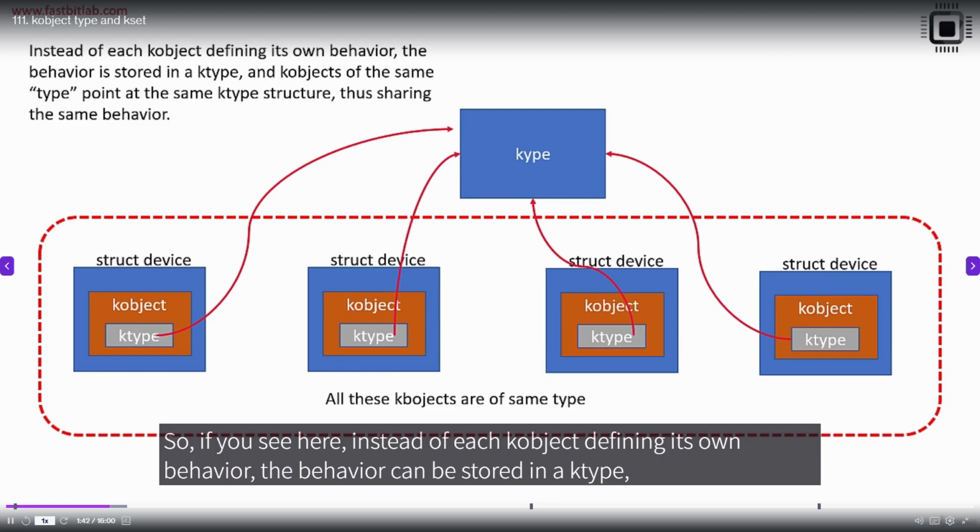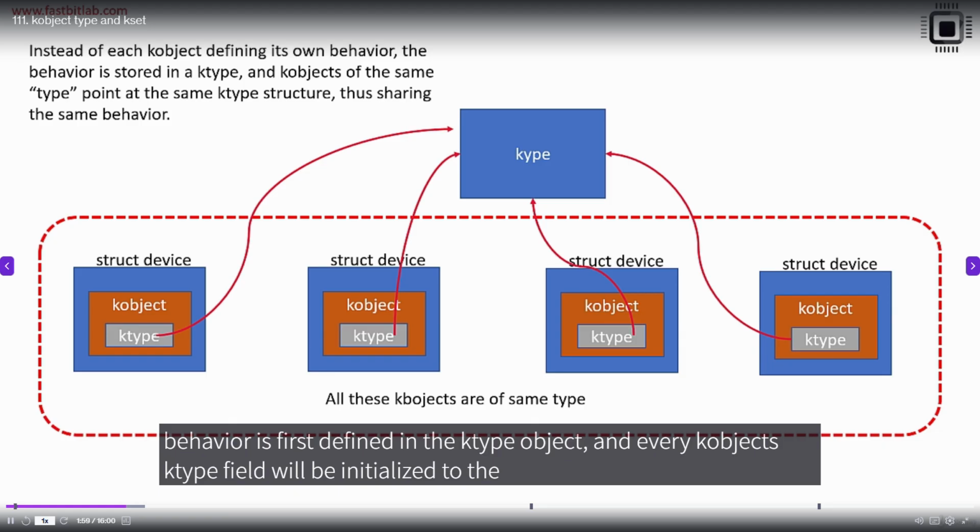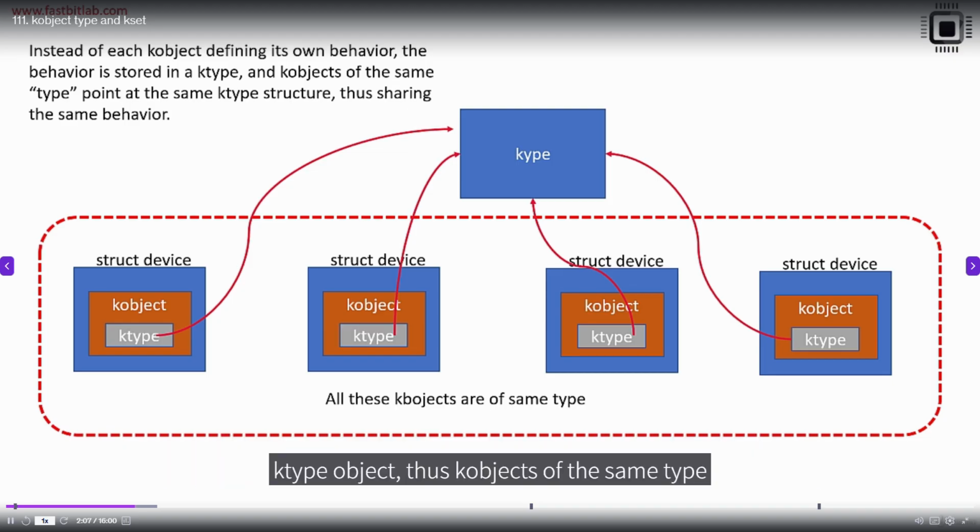So instead of each k-object defining its own behavior, the behavior can be stored in a k-type, and k-objects of the same type point at the same k-type structure, thus sharing the same behavior. The default behavior is first defined in the k-type object, and every k-object's k-type field will be initialized to the k-type object.